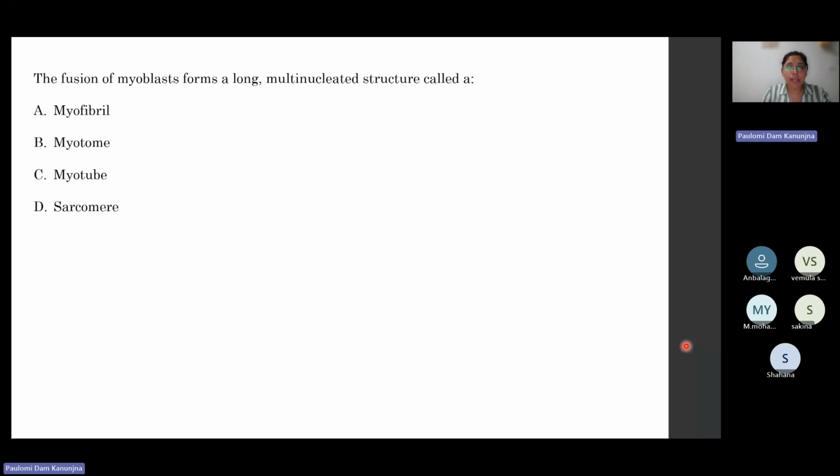Very nice. Okay. Last one to finish. The fusion of myoblasts gives rise to which structure, which I think by now everyone is absolutely clear about?